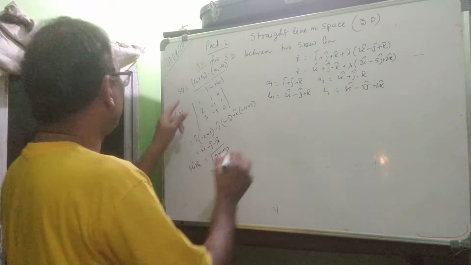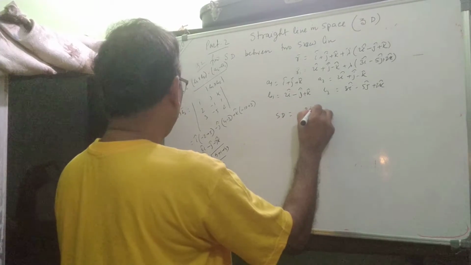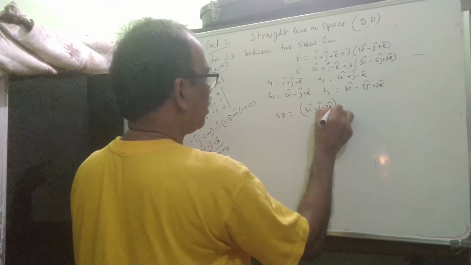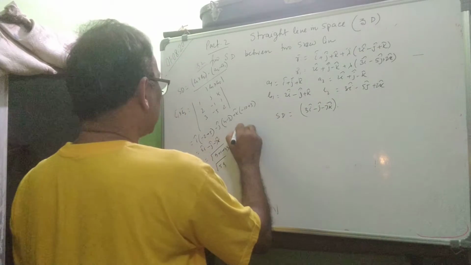Now put it in the formula: the shortest distance equals (3i - j - 7k) dot (A2 minus A1). For this you have to find A2 minus A1.